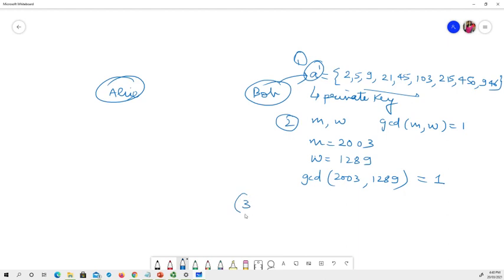The third step is that I multiply w and ai under modulus m operation in order to get a sequence of numbers.